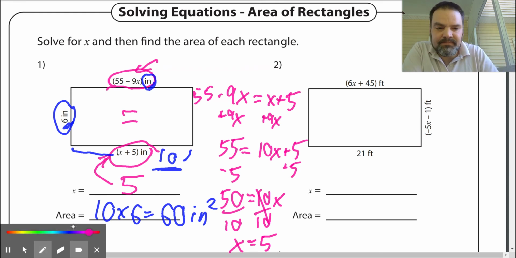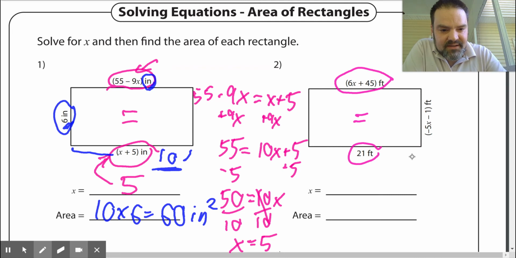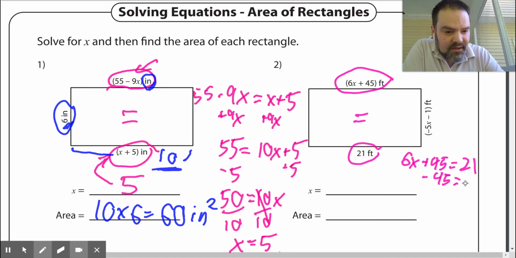We have x's involved with the width as well. But to start out with, the top is equal to the bottom. So that gives me that 6x plus 45 is equal to 21. And I could subtract 45 from both sides.